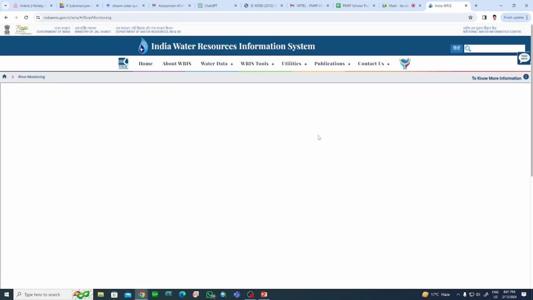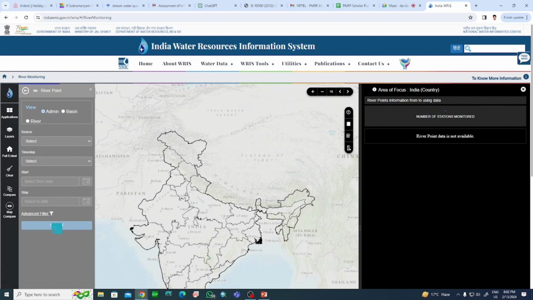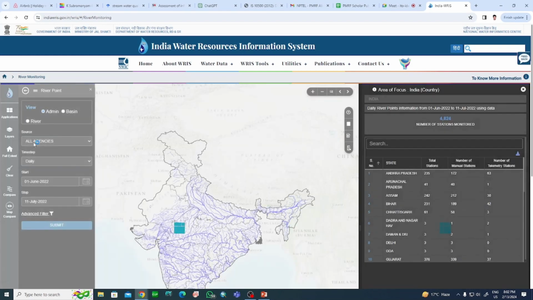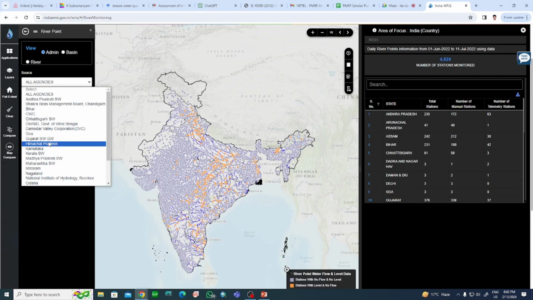I'm just opening a window for river data. Here it shows river point data is not available because I have not selected any kind of data. Firstly, you have to define the source, depending on what kind of data you want. If it is rainfall, then IMD will provide the data.